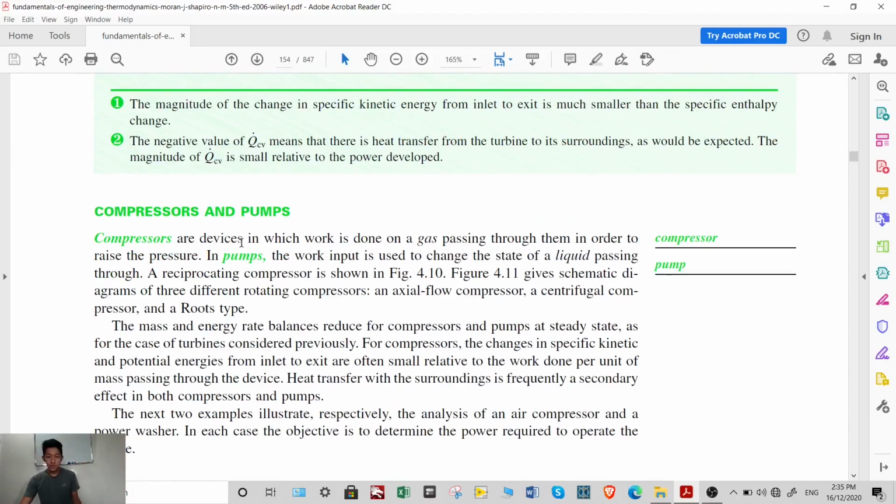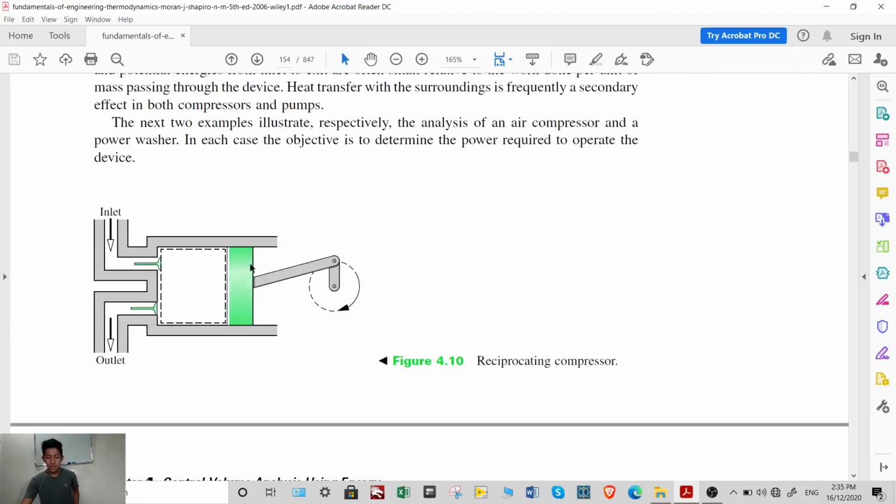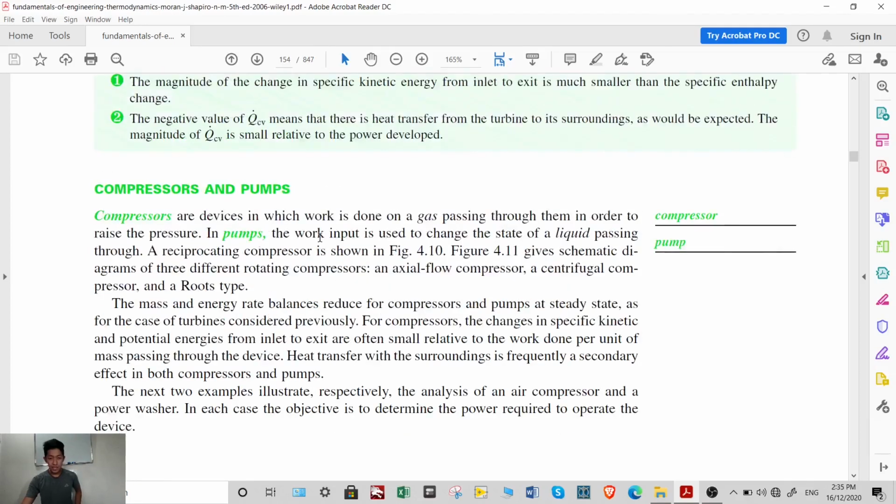And then compressors and pumps. The purpose of a compressor is to increase the pressure of the fluid.